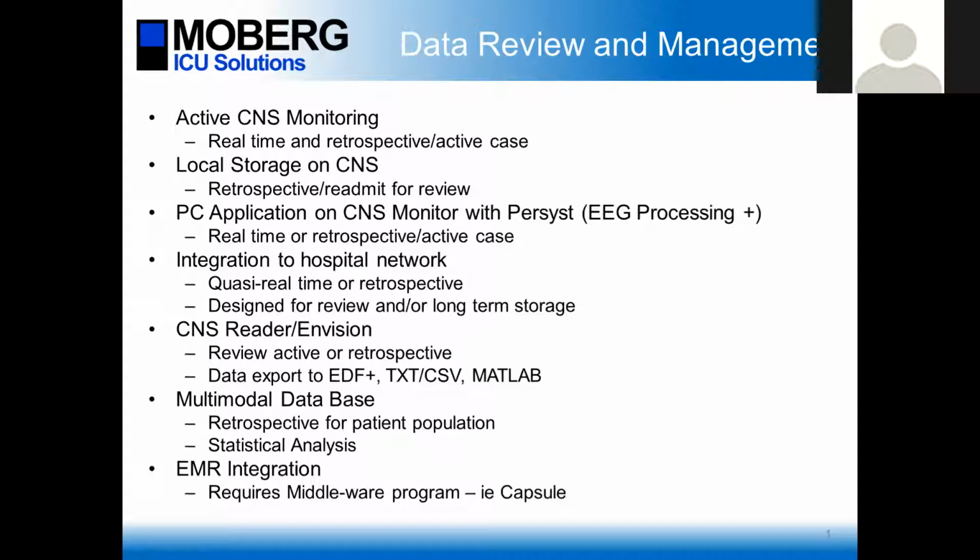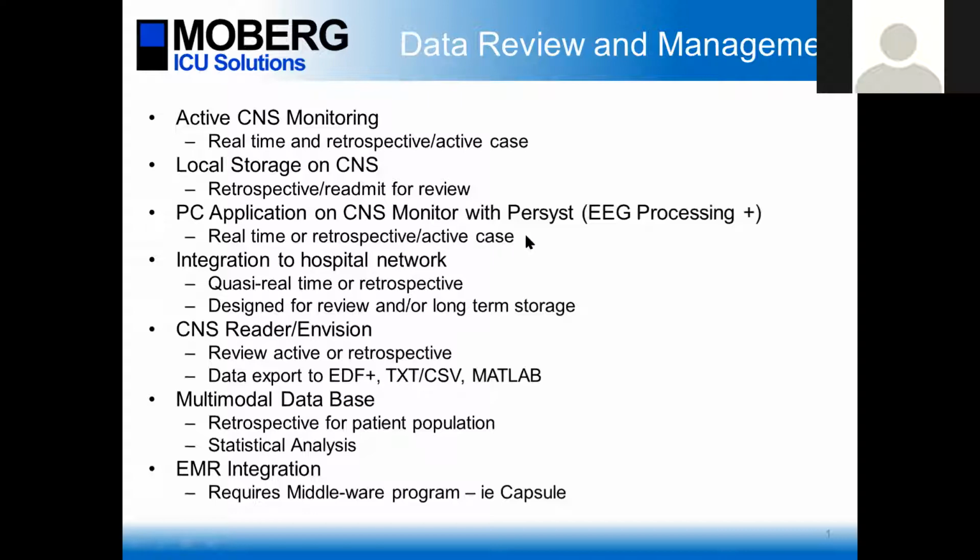But it also allows us to look at the multimodal data trends and other things. This is a nice way for providers, and sometimes nurses use it as well, but particularly people who are interested in looking at the EEG for seizure detection, that type of thing. We can look at that real time while the CNS is running, and also go back within that record. So again, this is a way to really review an active case.